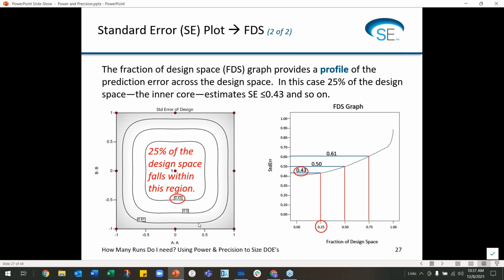If we go out to 0.61, that contains about 75% of the design space. So the fraction of design space graph provides a profile of the prediction error across the design space. And we're going to want to search for a design or size a design so that about 80% or more of the design space gives us predictions that are precise enough.